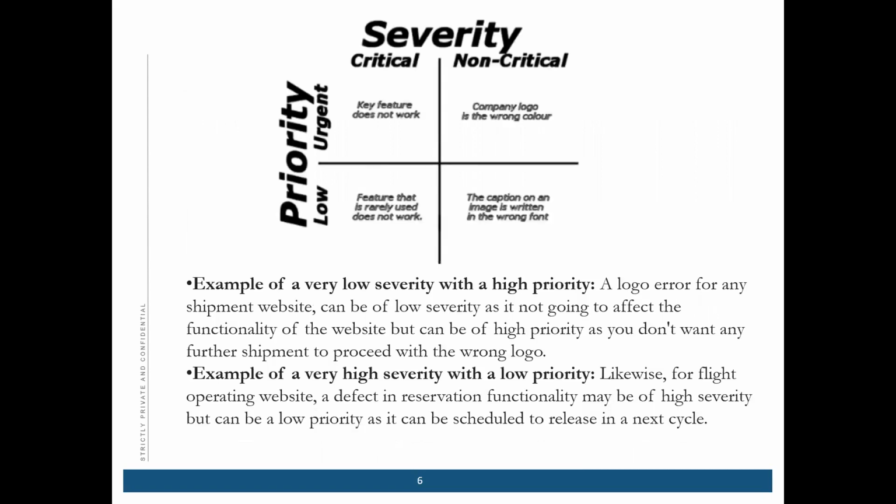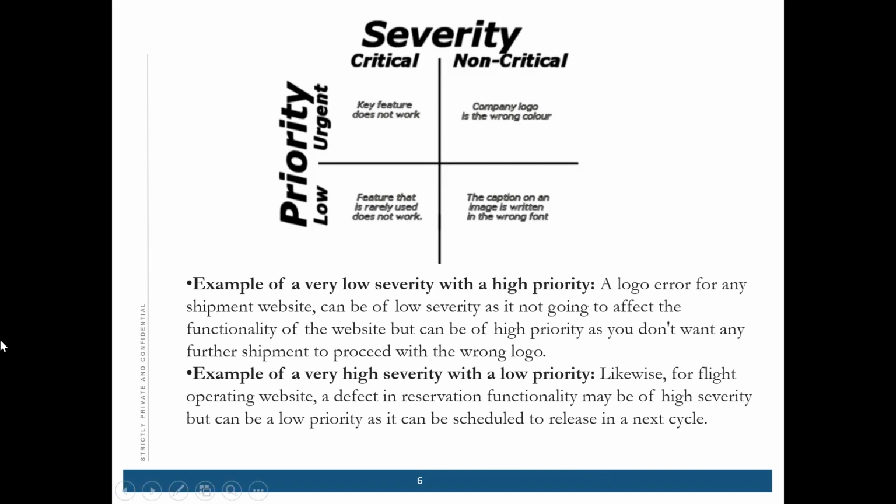So that could be a high priority and low severity, like font size or logo size, or maybe the spelling of the logo, which is impacting too much. As user experience, it is impacting, but functionality wise, it is nothing.